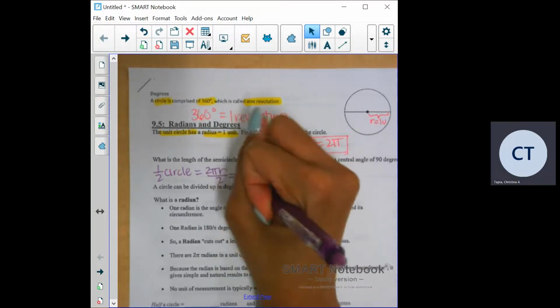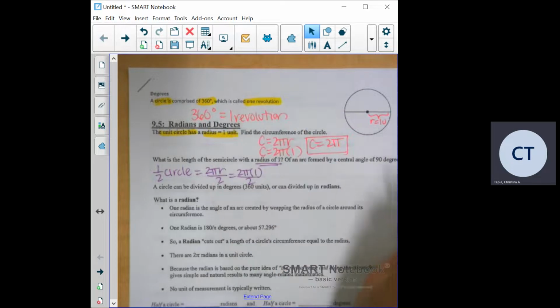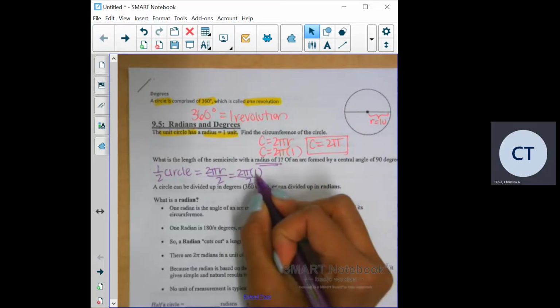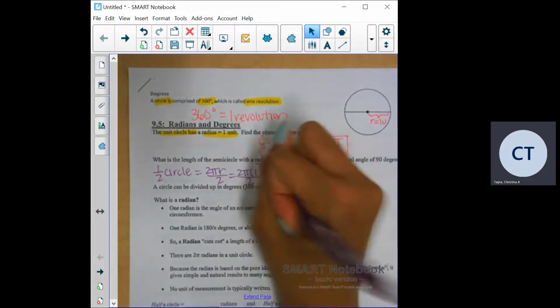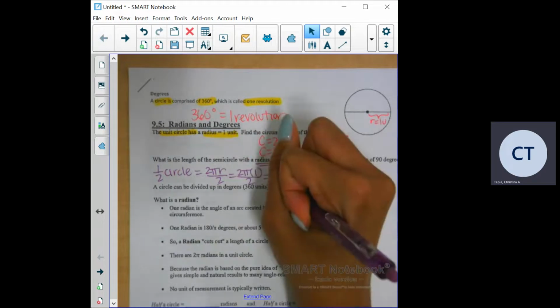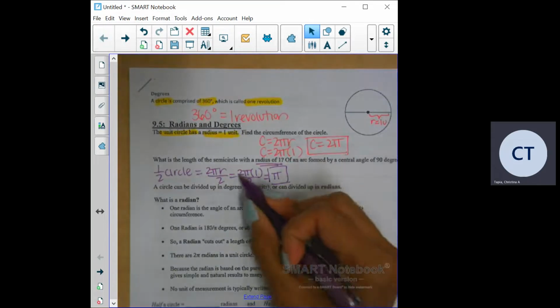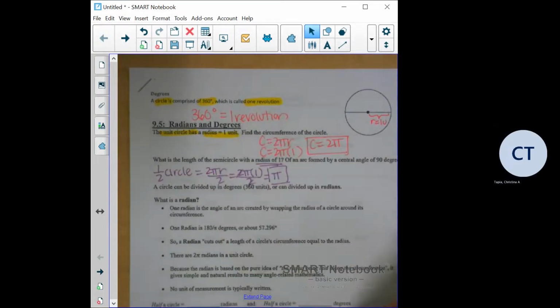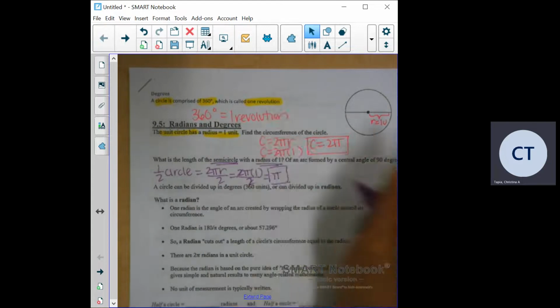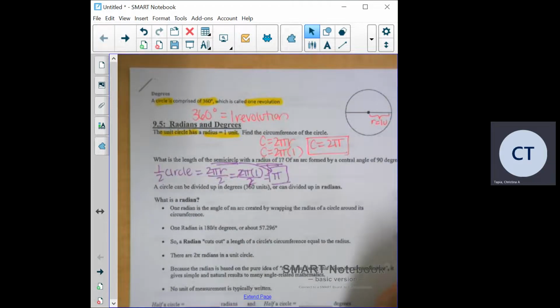So we're going to do 2 pi times 1 over 2. That 1 isn't really going to change anything. What happens to the 2's? They cancel. So I'm left with pi, because 1 times pi is just pi, and 2 divided by 2 cancels. So for a semicircle, the length is going to be pi.